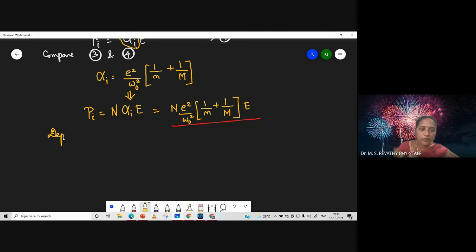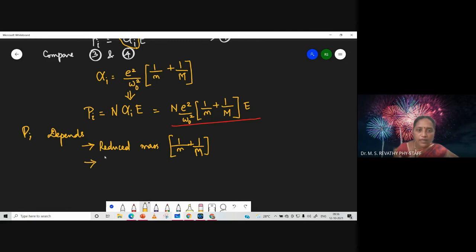So this ionic polarization depends on reduced mass, which is given by 1 by m plus 1 by capital M. So this is capital M. Okay.